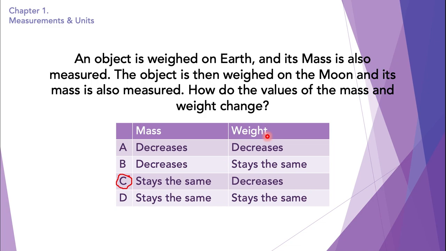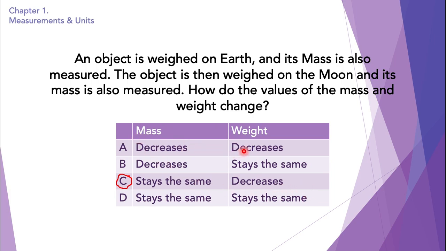So the Earth's gravitational force is more than the gravitational force on Moon, so that is why the weight will decrease on the Moon. And in space there is no force acting on the body or an object, so that there is no weight of an object, but still the mass never changes. The mass always stays the same. So option C is correct, that the mass stays the same and the weight on the Moon decreases.